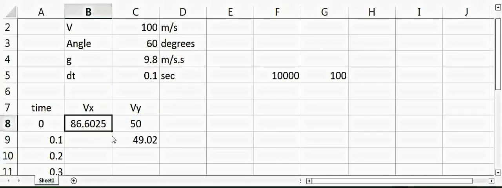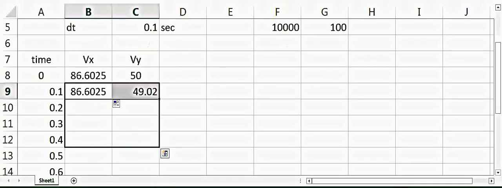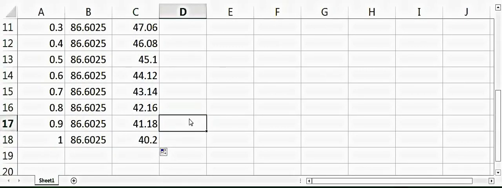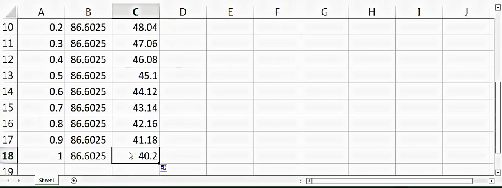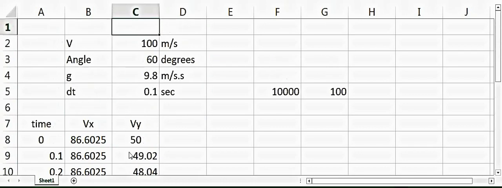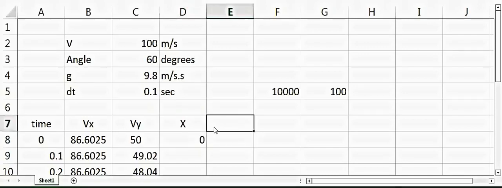So we can drag these numbers down and see that the velocity in the y direction is changing, but the velocity in the x direction is the same. And then we can calculate the distance. So at the very beginning, x will be 0 and y will also be 0, and then it will change.